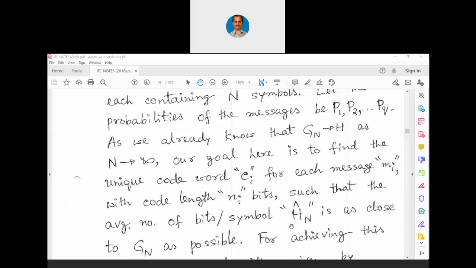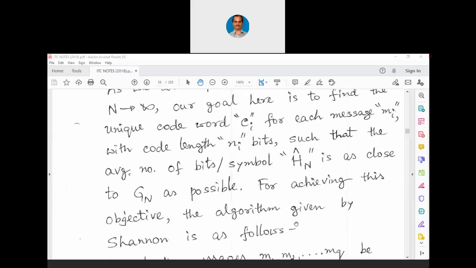So right now you don't have to worry about how we arrive at this Hn cap. The calculations are really simple, but there is a need for remembering the basics always. So the average number of bits Hn cap is as close to Gn as possible. For achieving this objective, the algorithm given by Shannon is as follows.